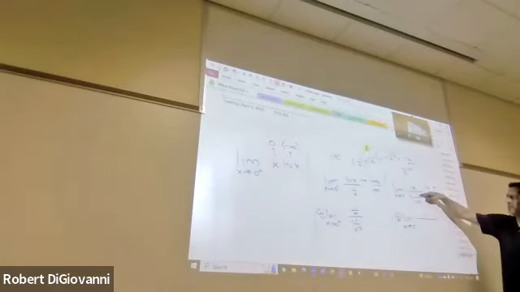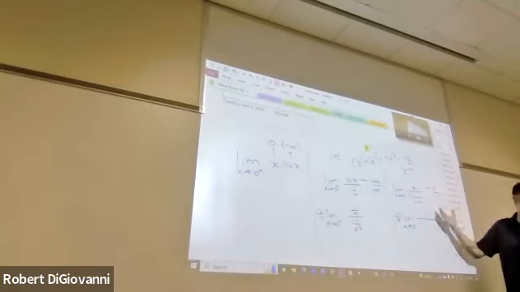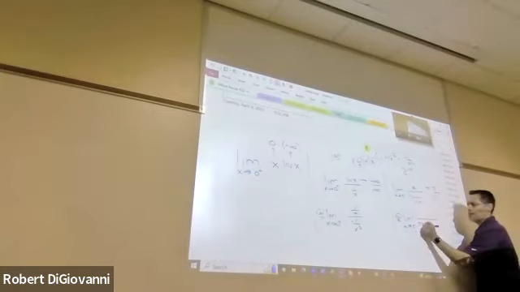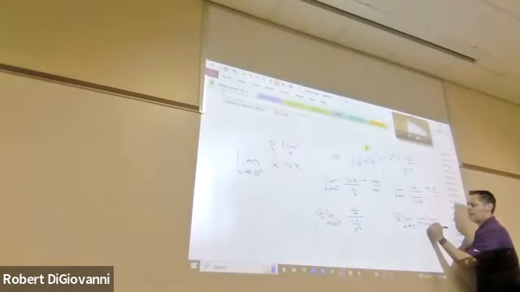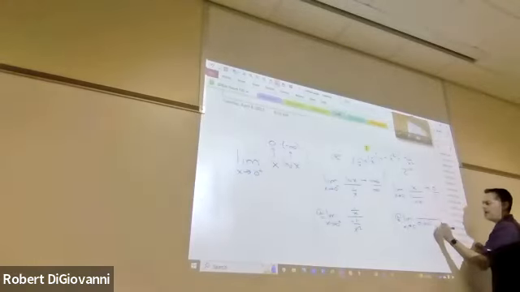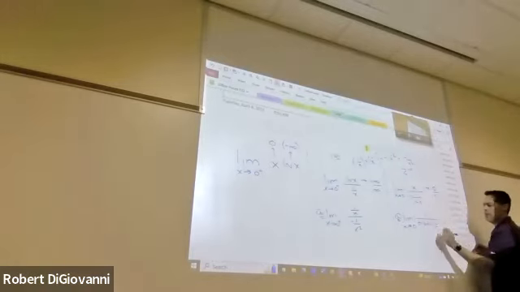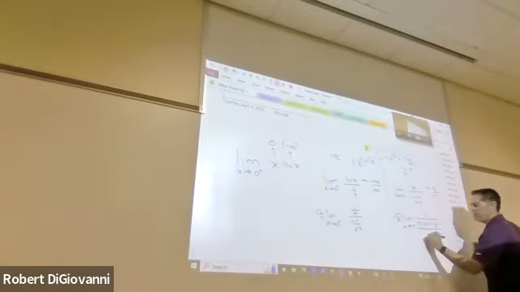So let me do that. The quotient rule says take the derivative of the top times the bottom minus the derivative of the bottom times the top, over the bottom squared, right? So the derivative of the top would be 0 times the bottom, natural log x, minus the derivative of the bottom, which is 1 over x, times the top, which is 1, all over the bottom squared.